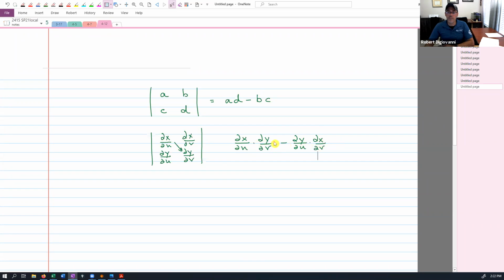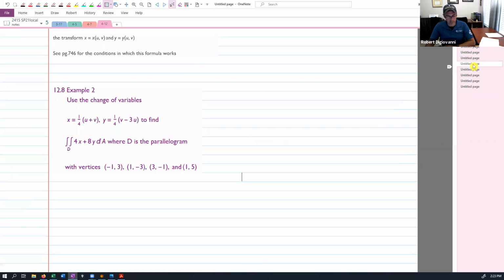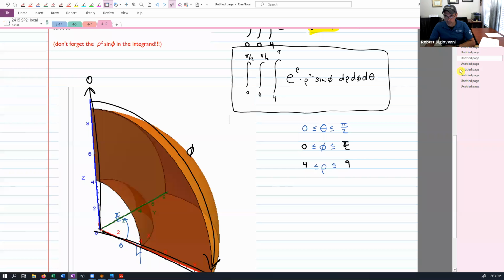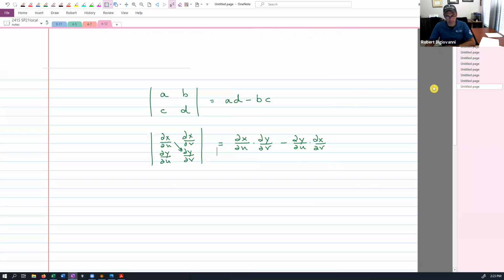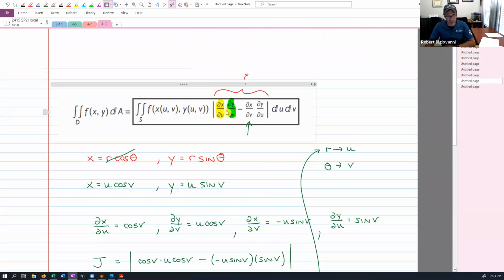I got those backwards earlier. That would be the determinant of this, and that is actually the formula that I just showed you. That's this right here. Understand?